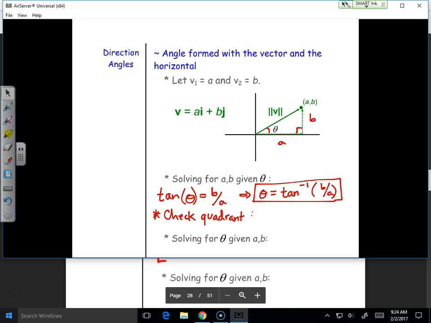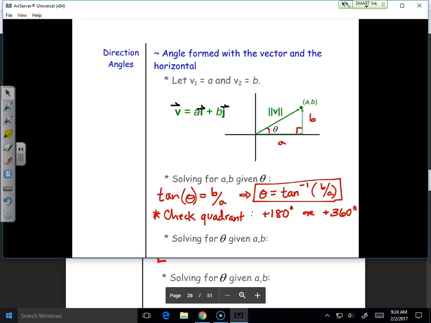Sometimes it is going to be 180 degrees away, so sometimes you're going to have to add 180. And if the problem wants a positive angle and it gives us a negative angle, sometimes we're going to have to add 360. Sometimes. Let's check the quadrant. Now the nice thing is we know how to graph vectors. You guys show me that they're vectors? Yeah. You sure? Good.